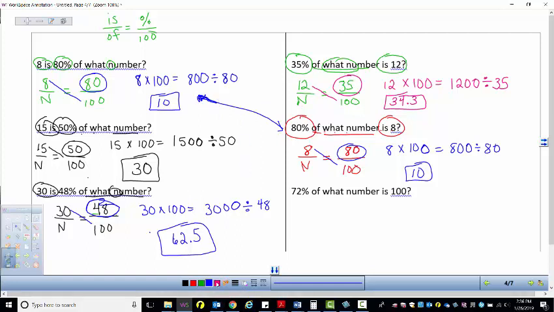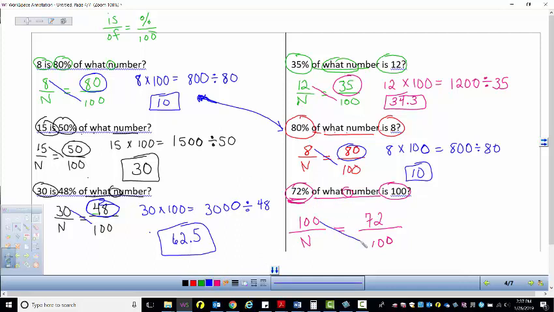Okay, let's try this very last one then. So 72% of what number is 100? It's kind of a big fraction, sorry. So 72 is the percent that goes on the numerator or the top, and out of 100, because percent is out of 100. Of what number? I don't know the of number, so that's my N, is 100.